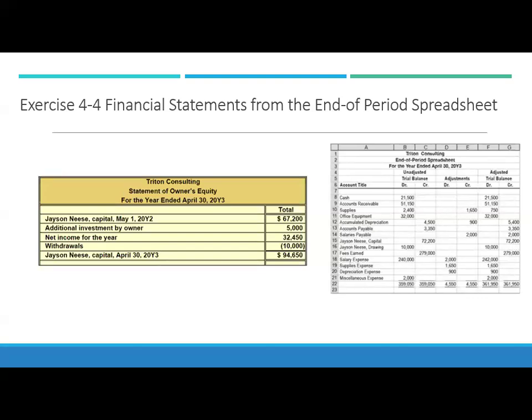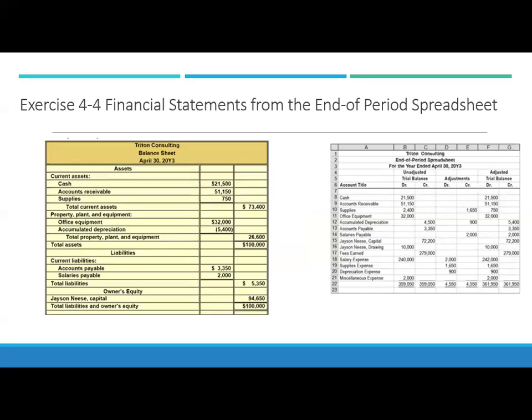So we know that this additional investment by owner is the only activity in that account during the period. So we can back that out and we can get the beginning balance. Then we have our net income from the income statement and our withdrawals from the drawing account. And then the ending balance, prepare the balance sheet in the same manner as the previous problem.